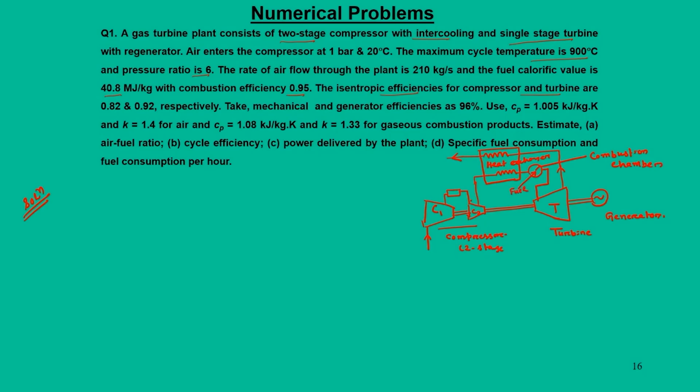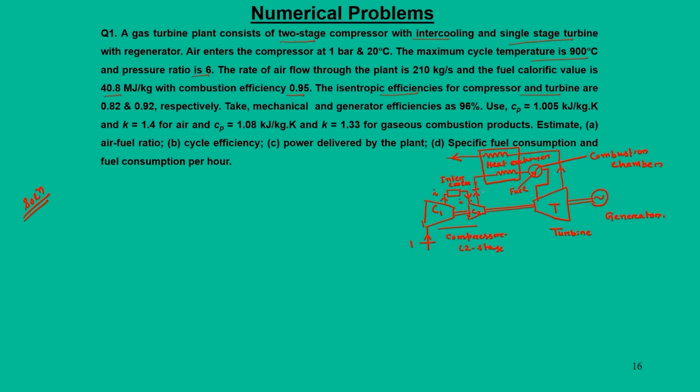So, let me put the notations. State 1, and we have also an intercooler. The compressor outlet enters the intercooler. So, I will say state I, and after intercooling is done, it enters at the same pressure to the second stage compression.